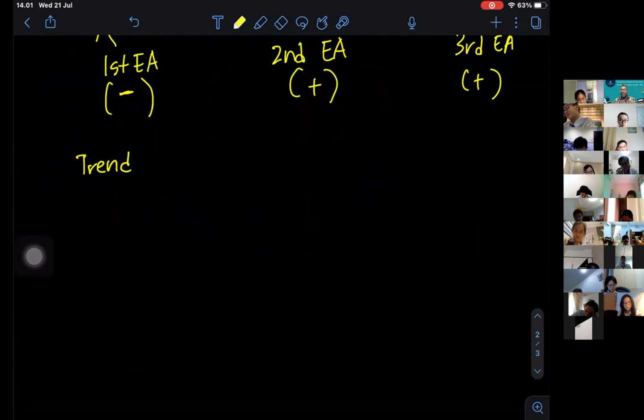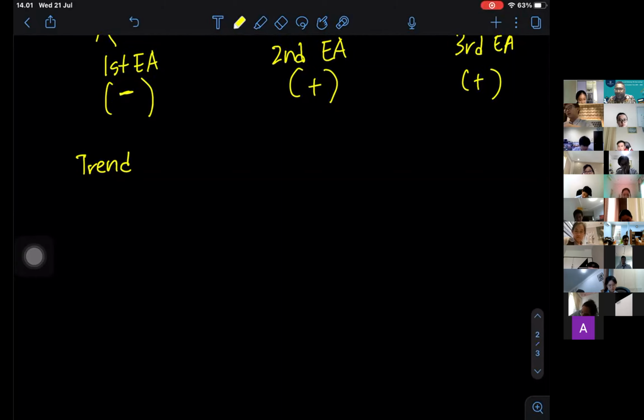In your previous syllabus, and even in your old textbook, the blue textbook, they did not write down the trend of electron affinity, because generally there is no clear trend. So we never bothered about it.